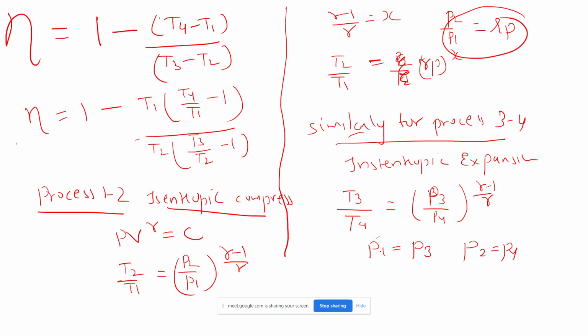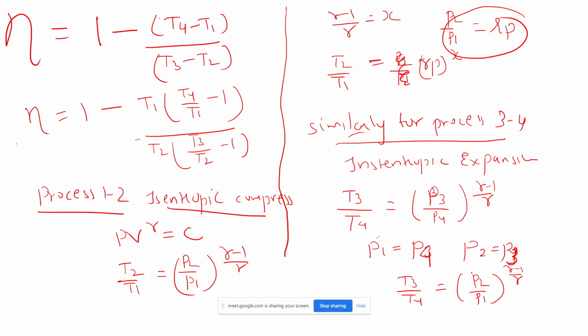Yes, P1 is equal to P4 and P2 is equal to P3. So from these two terms, we get P3 upon P4 is equal to P2 upon P1. We are replacing this with X, to the power gamma minus 1 upon gamma.